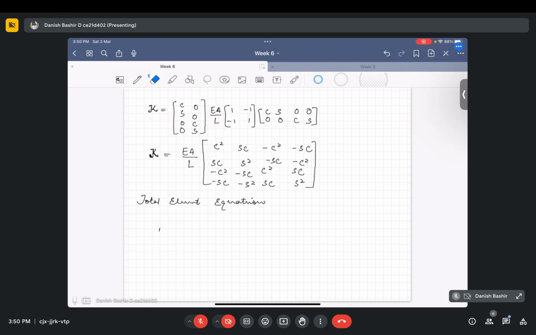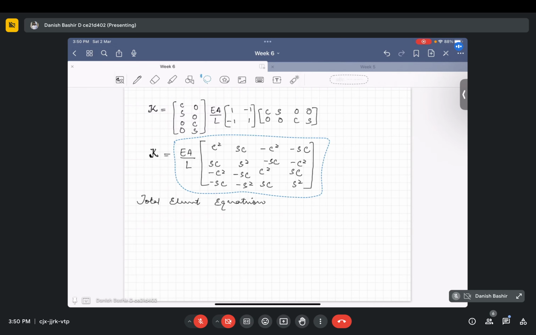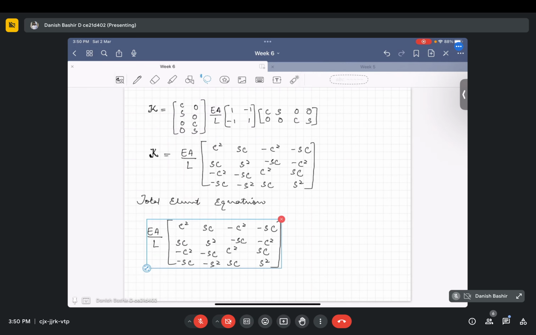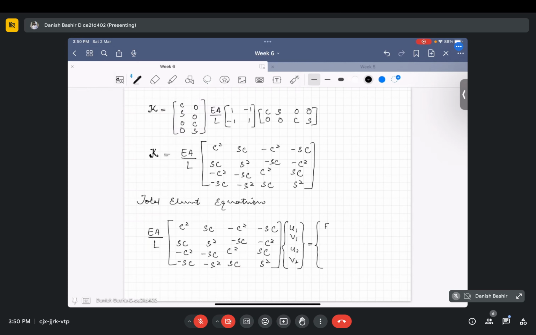We take this stiffness matrix completely, copy and paste it: EA by L multiplied by the coordinates U1 V1 U2 V2, equal to the load vector in global system, F1X F1Y F2X F2Y.